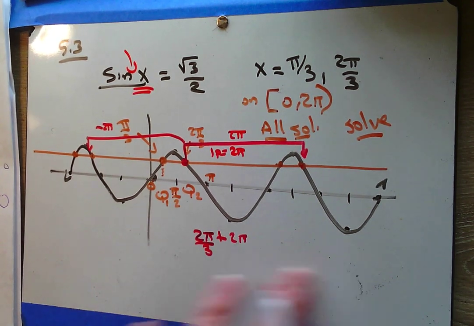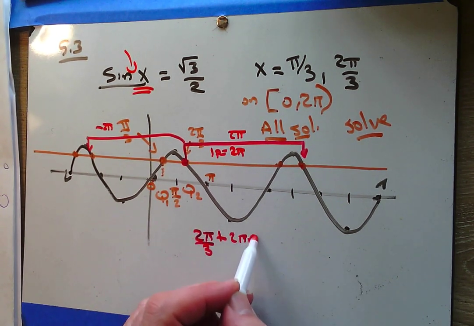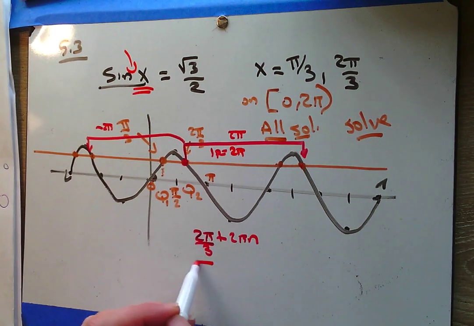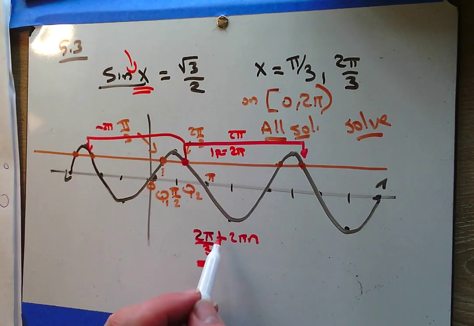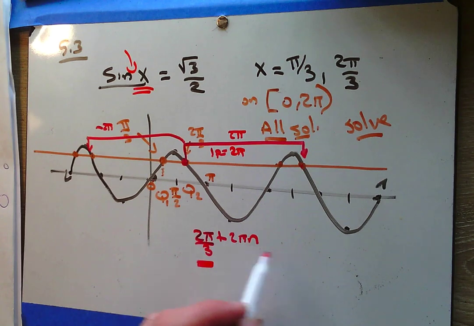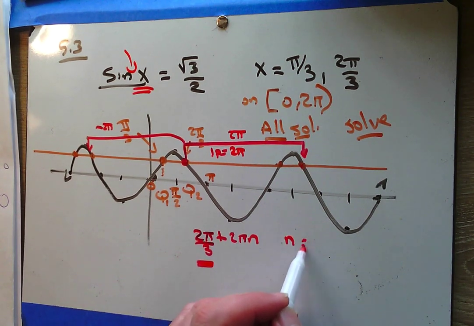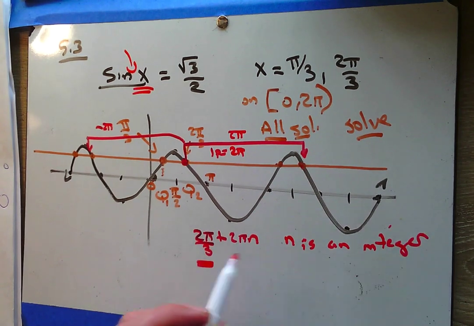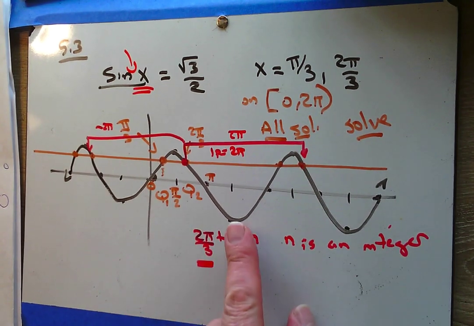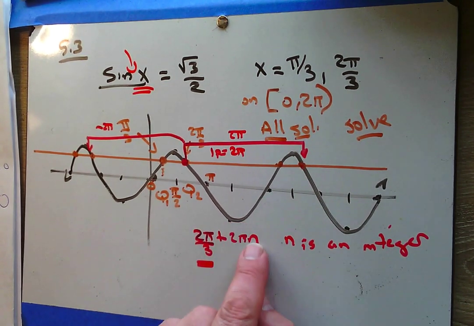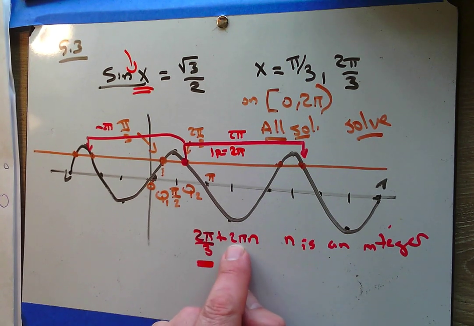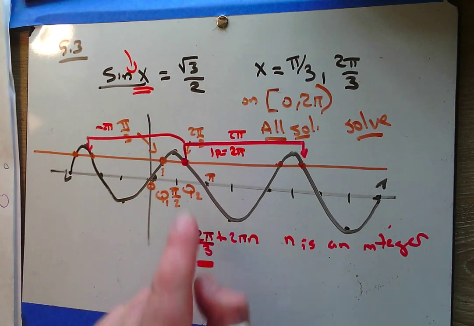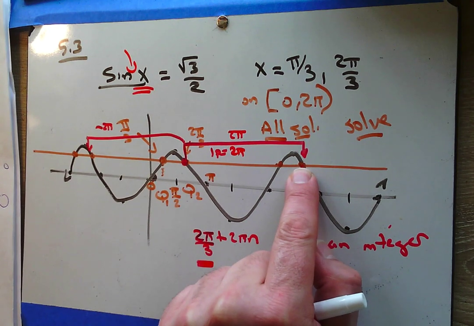And so the way I'm going to represent this is by saying, taking my first solution, 2 pi over 3, and then adding 2 pi n, where n is an integer. So maybe n is 0, in which case that's my answer. Or if n is 1, 1 times 2 pi is 2 pi added to 2 pi over 3, so that would find this solution.